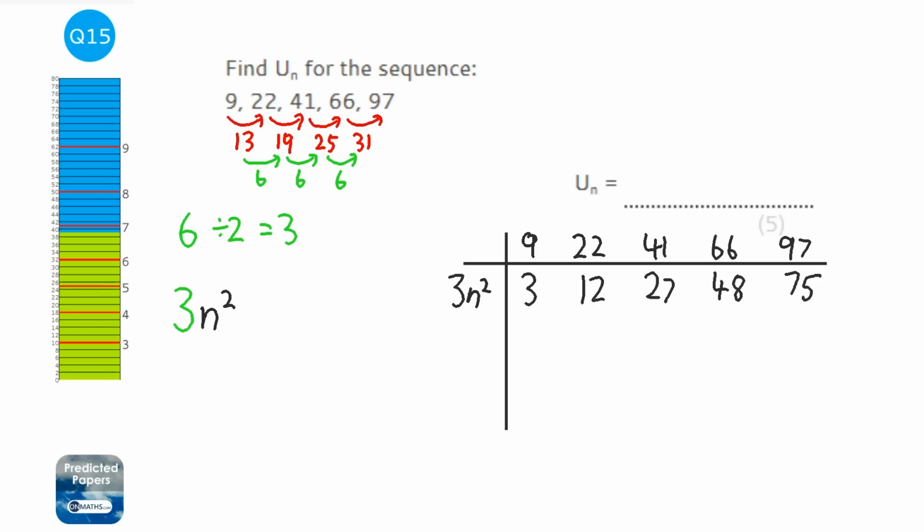Now what we want to do is take 3n squared out of our sequence. So we're going to do our sequence and we're going to take away 3n squared from it.